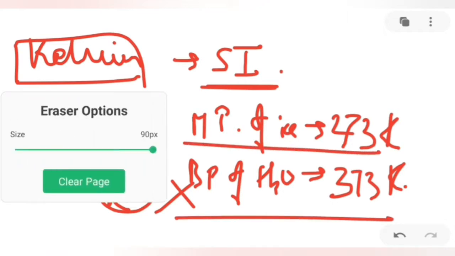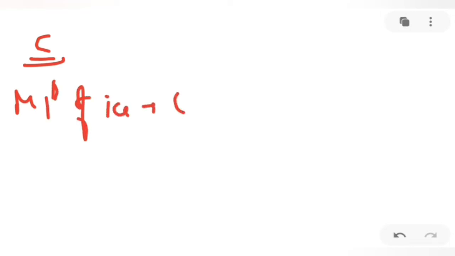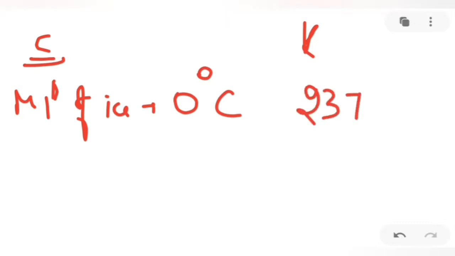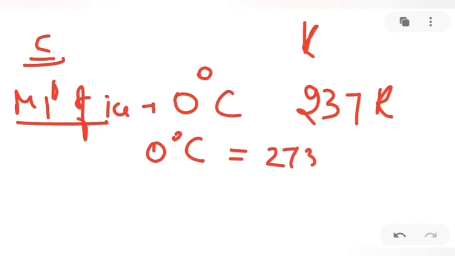Now let's move further. When we were talking about the Celsius scale, I told you the melting point of ice is 0 degree Celsius. But when we were talking about Kelvin, I told you the melting point of ice is 273 Kelvin. So the melting point is the same. So what does it mean? It means that 0 degree Celsius is equal to 273 Kelvin. Sorry, really sorry, it's 273 here.